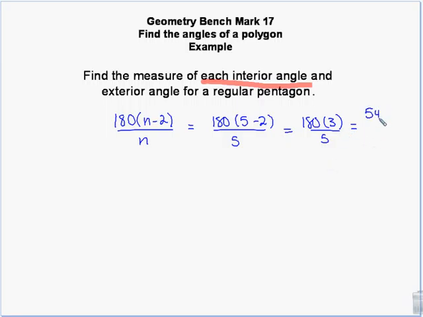So that's 540 divided by 5. So that's 108. So each angle inside of a regular pentagon is 108. So when it says each interior is when you use this one.